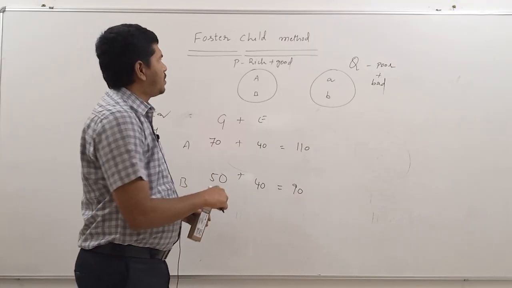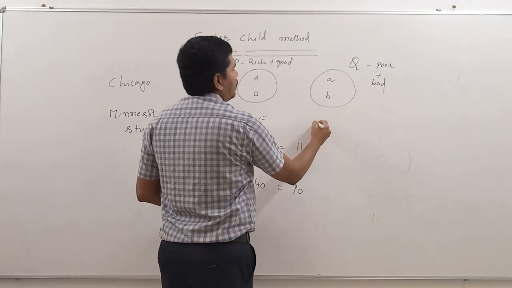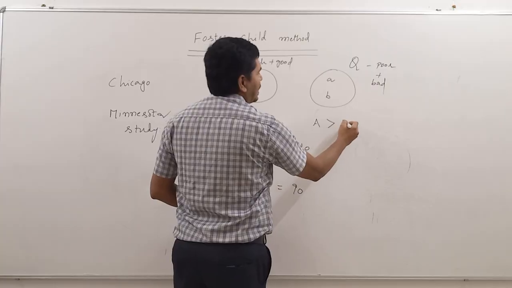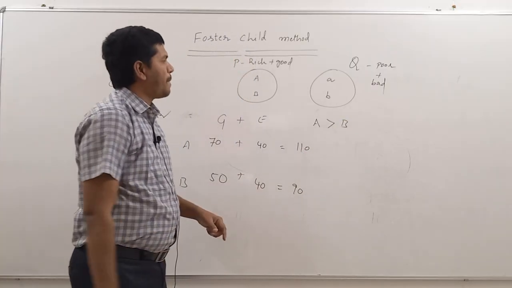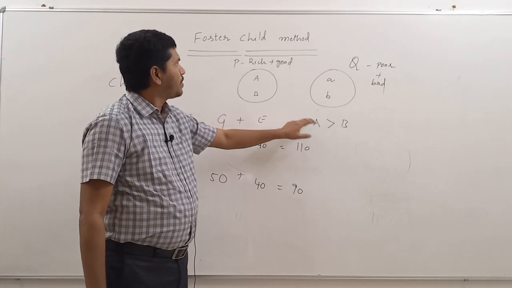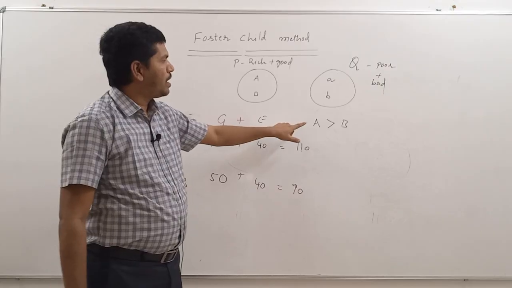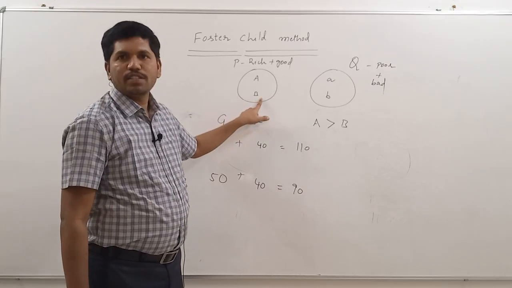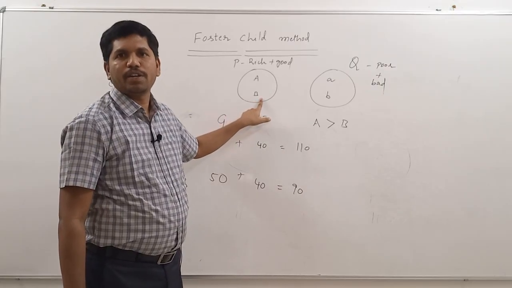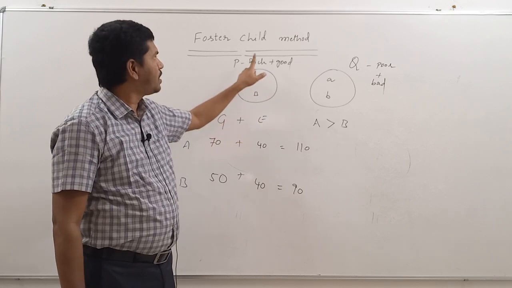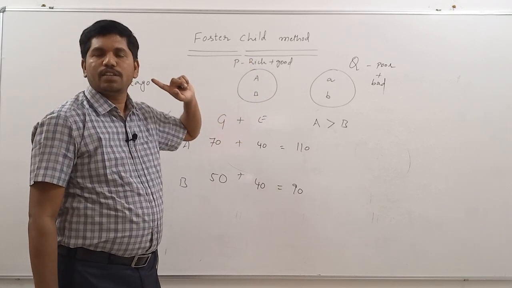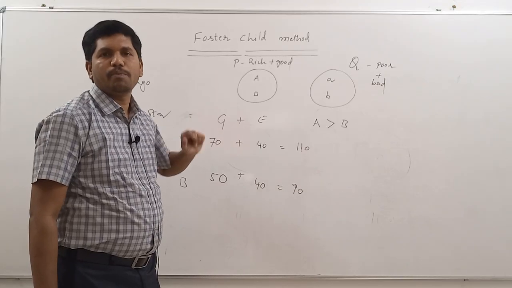Our scientists observed that the IQ level of A is greater than B. Why? Based on this observation, we can conclude that in both these children, what is the difference? Genetic component. Environment is the same. That's why we can say that there is a role for the genes in the development of intelligence.